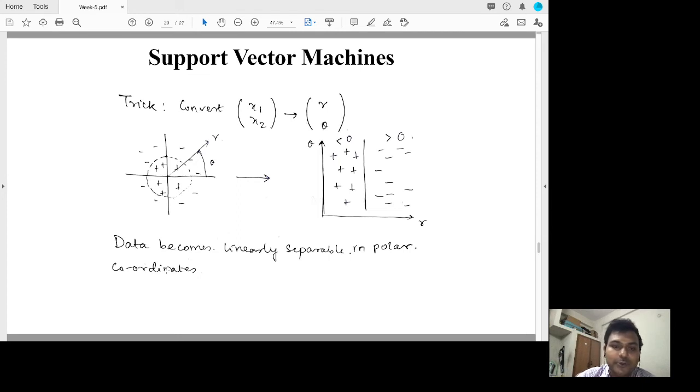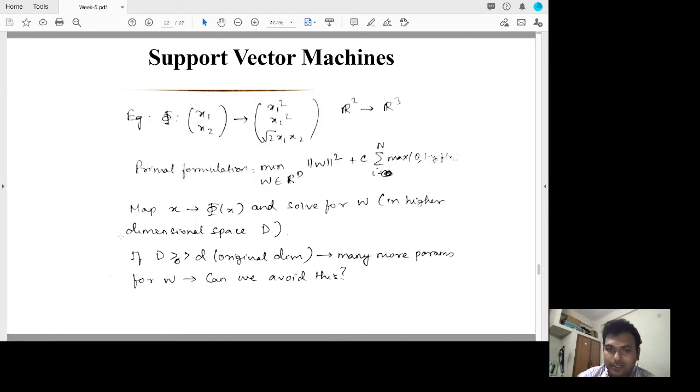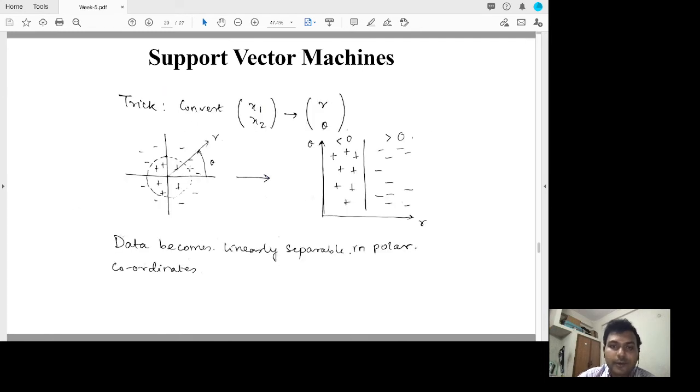This trick is very elegant: you have x1 x2, you convert this to polar coordinates, so x1 x2 becomes r theta. Because r below a particular threshold comes to the left, and r above a particular threshold comes to the right, you can now train an SVM that is able to separate out the two. Is the intuition clear?